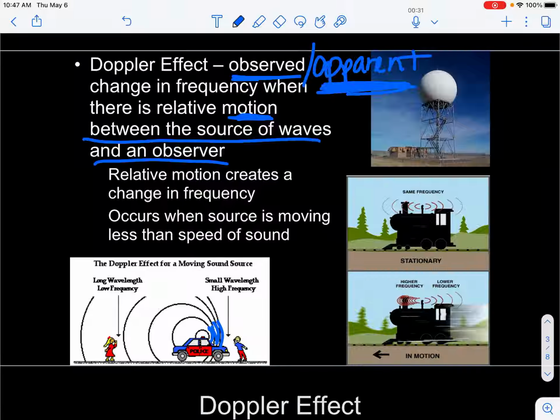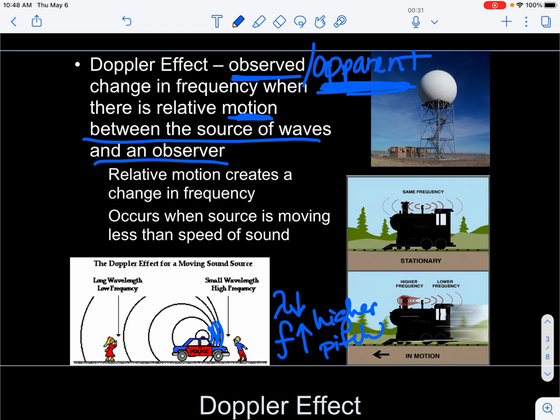Remember, those wavelengths are decreasing. Well, wavelength and frequency have that inverse relationship, so as the wavelength decreases, the frequency is going to increase. So what does an increase in frequency mean to us and how we perceive it? That is going to be a higher pitched sound. So it's going to be a higher pitch.